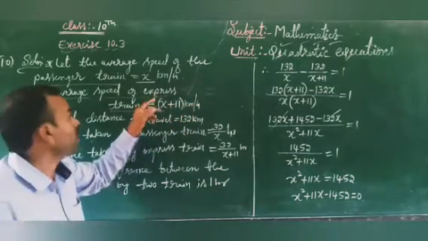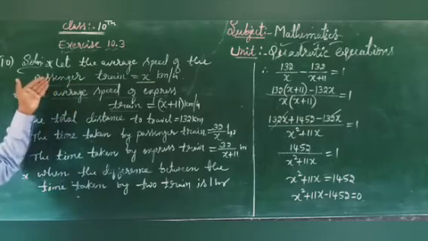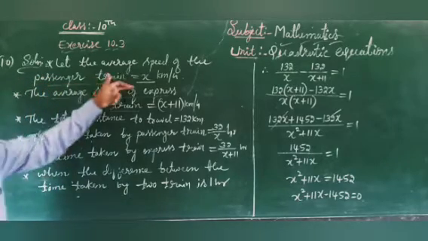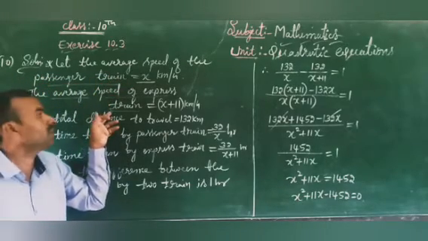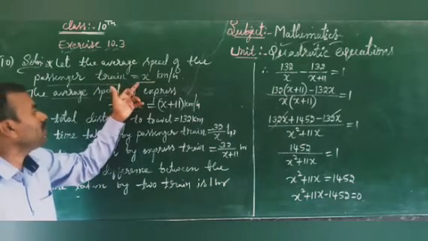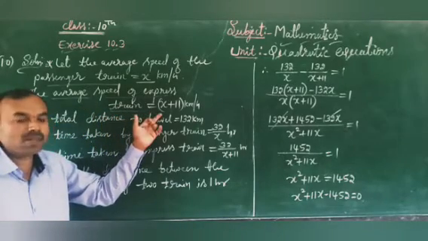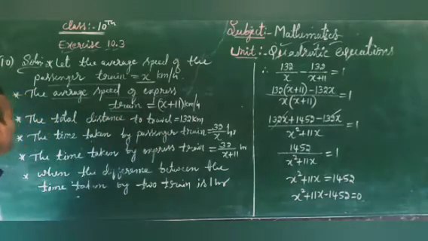Finally, we have to find the average speed of both trains, passenger train and express train. So the passenger train's average speed is x and the express train's average speed is x plus 11 km per hour.